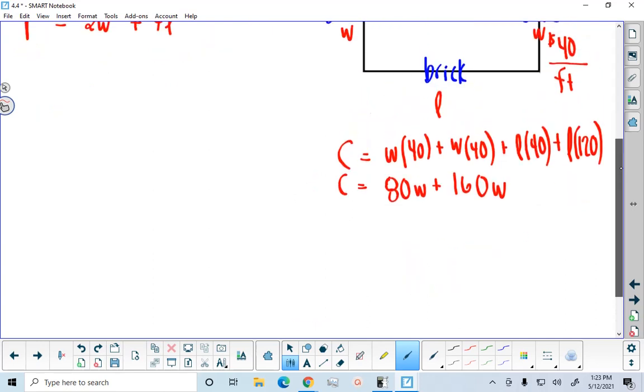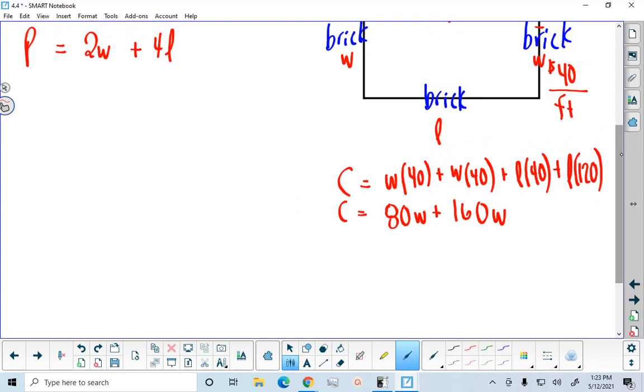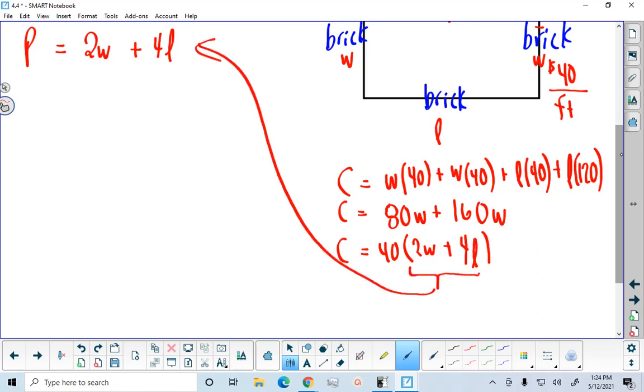Notice, however, that if I factor out a 40 out of this cost function, I get 2W plus 4L, which means the variable part is what's important. So this is why we're able to cheat the system and not actually do cost.